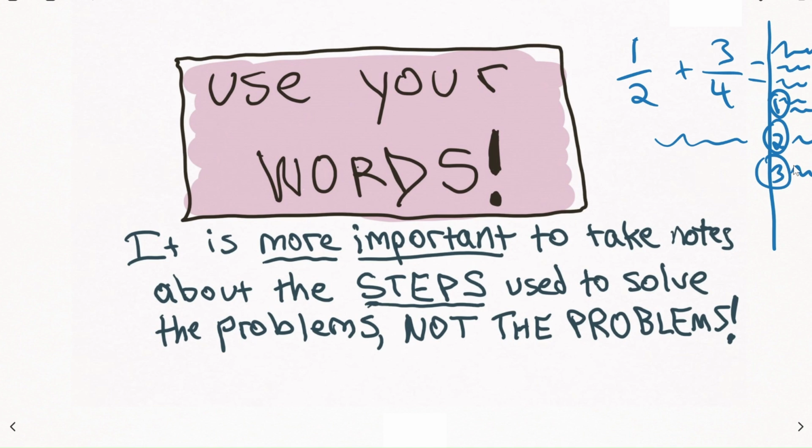Write down what the teacher is telling you, not so much the work that the teacher is doing on the board. You don't have to do that for every problem. You can do that maybe just for a couple of the problems the teacher is doing as an example. Yes, write that down so you can see the example, but more importantly, you want to write down the steps she's teaching you on how to solve the problems.